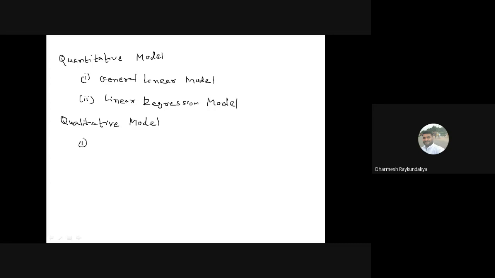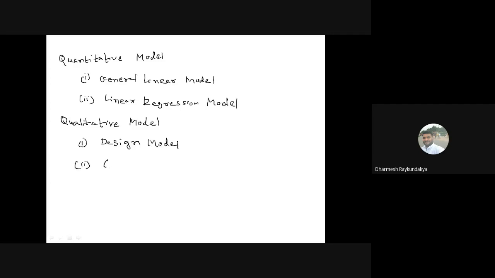The first qualitative model is design models. That is, we apply all design of experiment: CRD, RBD, LSD, GBD, PBIBD, BIBD. There are all factorial models. All models will be part of design models.